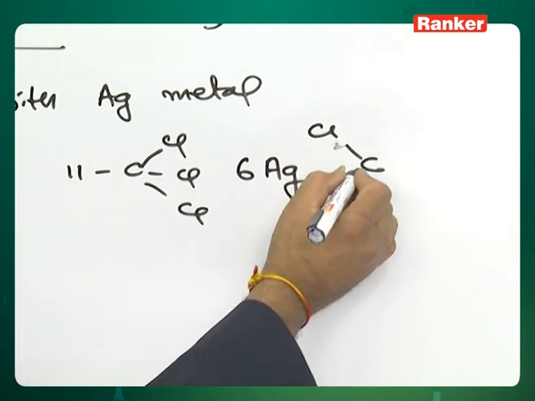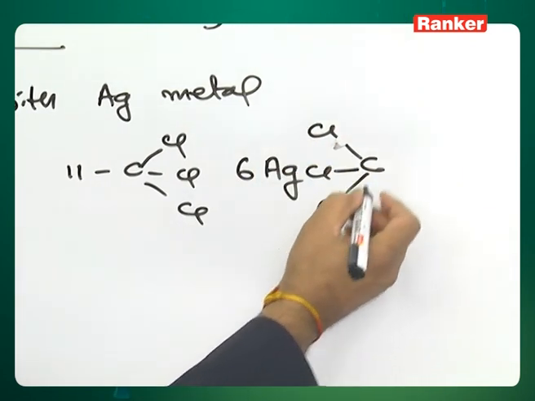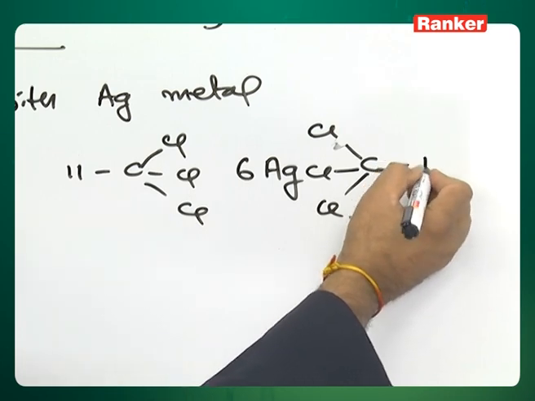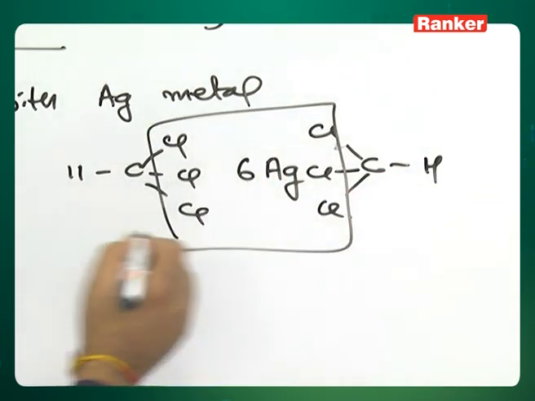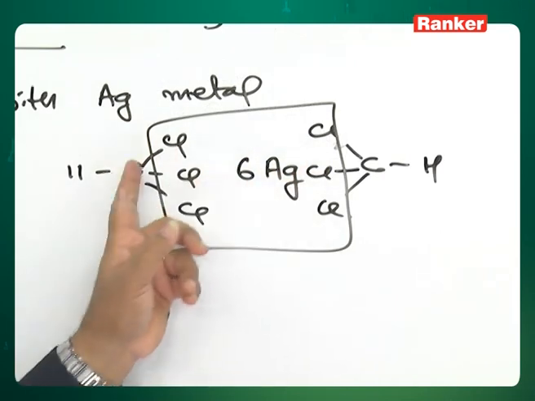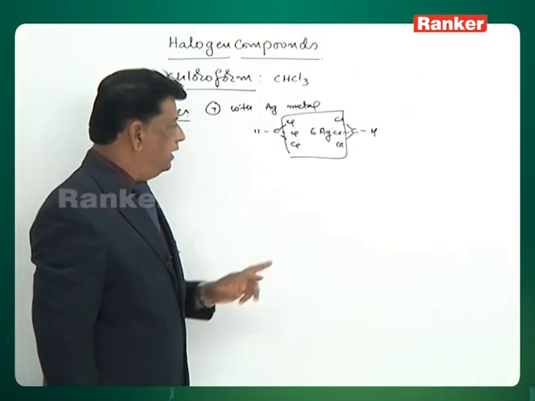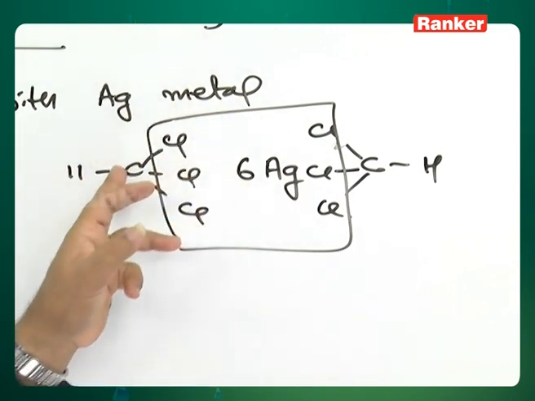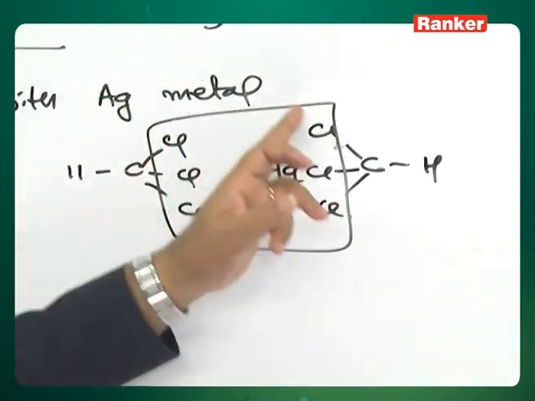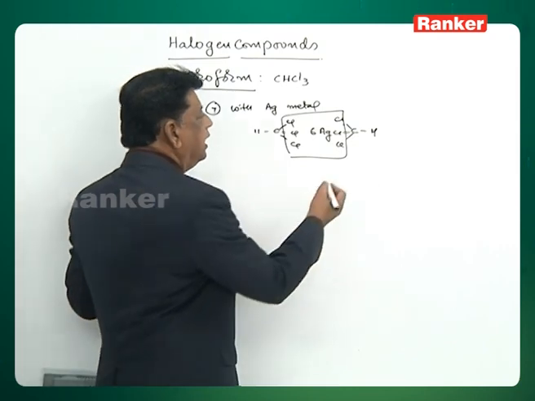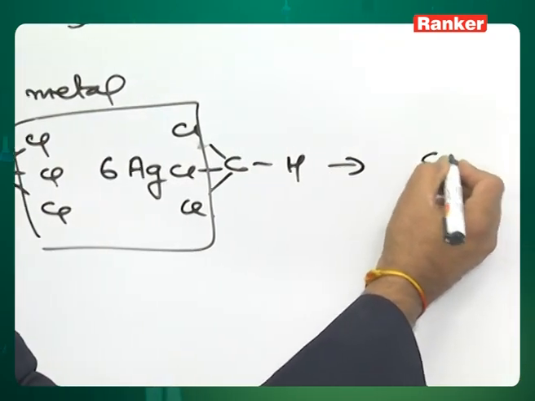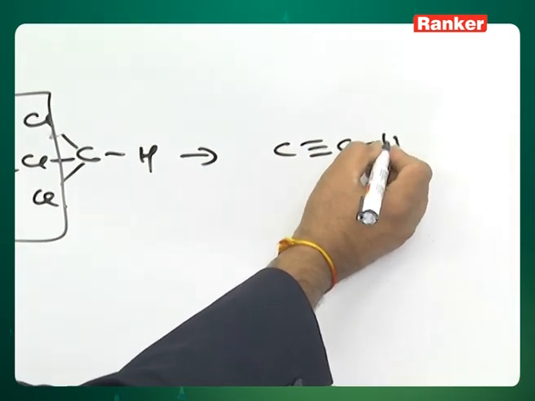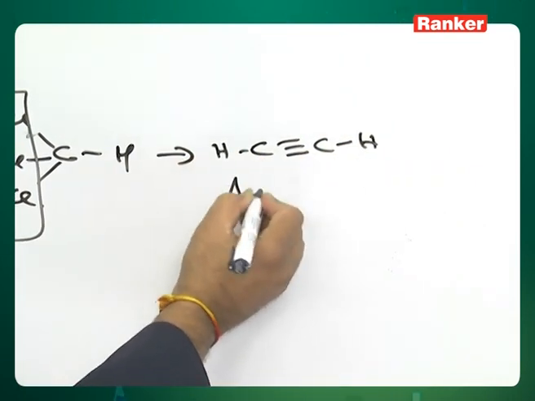It's a condensation type of Wurtz coupling reaction. If 1,1 halogens are there, R-R is formed, that's the Wurtz coupling reaction. If 2,2 halogens are there, you take zinc, so a double bond is formed. If 3,3 halogens are there, you will get a triple bond. So finally acetylene is formed.